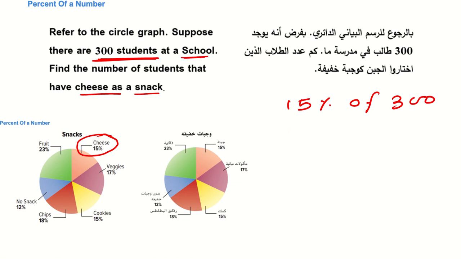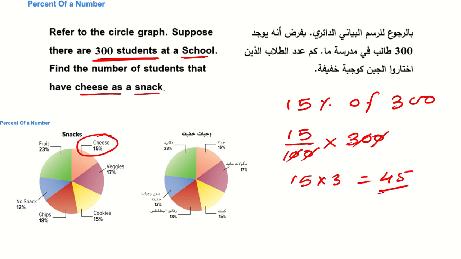Now it is a very easy question for you. 15% means 15 divided by 100, and 'of' means multiply by 300. Now, the 2 zeros will cancel with these 2 zeros. 15 multiplied by 3 will be equal to 45. Okay.